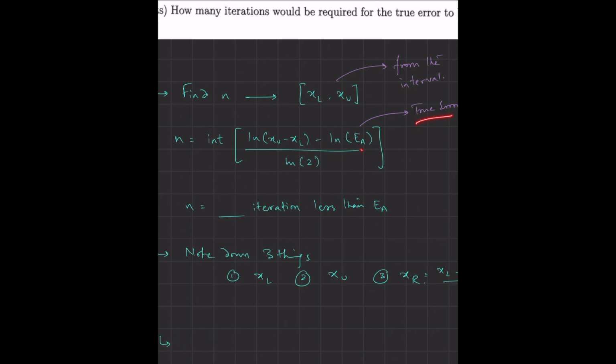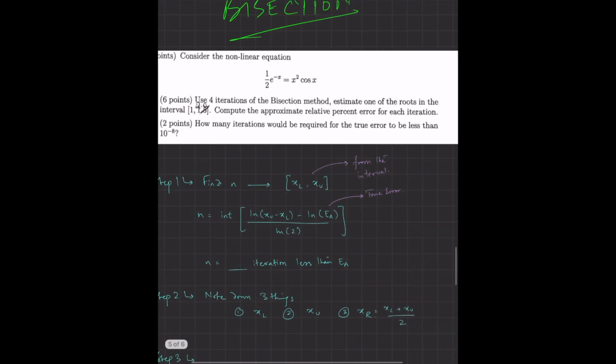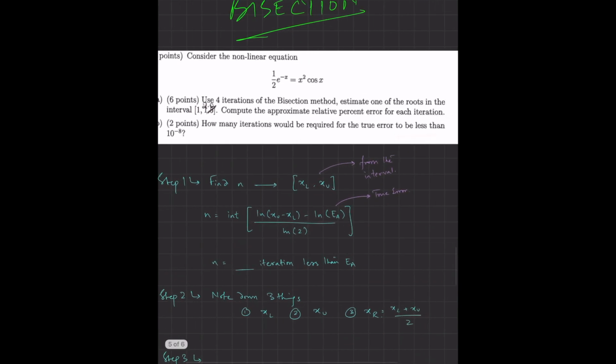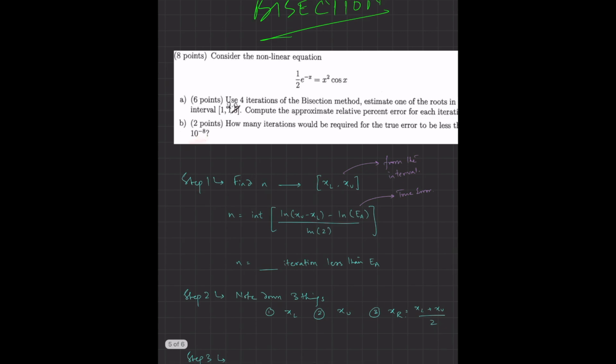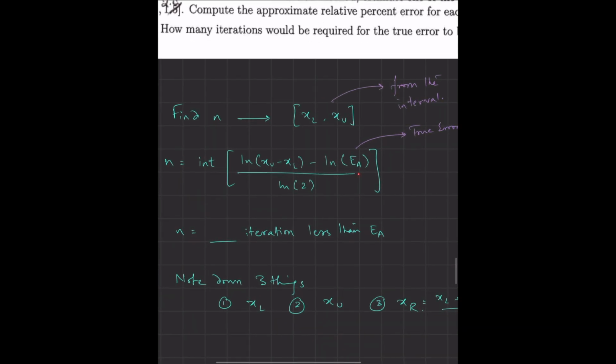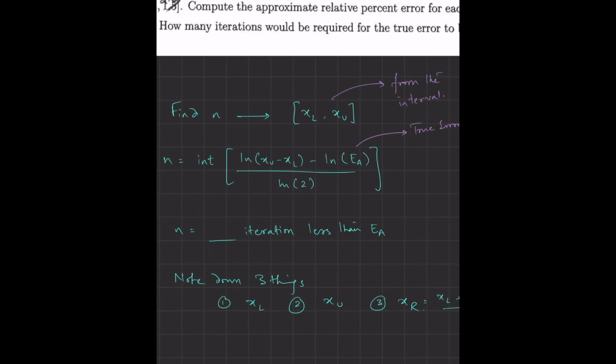ln(ea) is basically the true error, so for this question our true error is 10 to the minus 8, and you put this here, and then it is ln2. This is a constant, we always use it. There are no variables over here. This is only ln2.